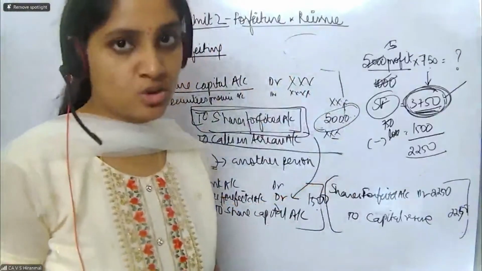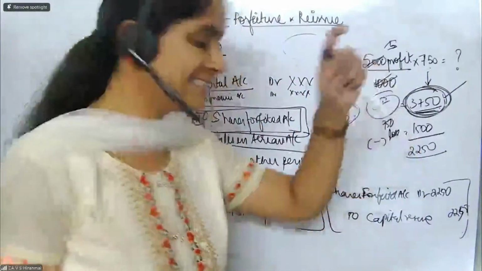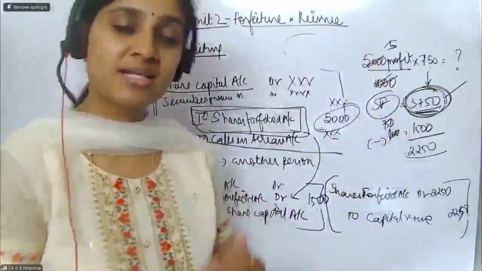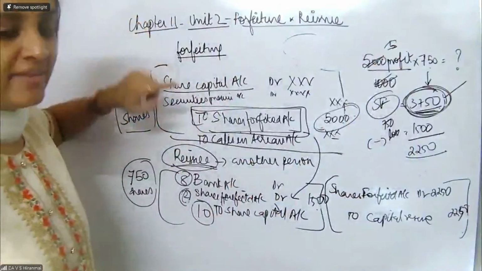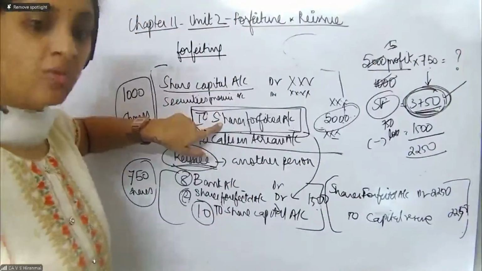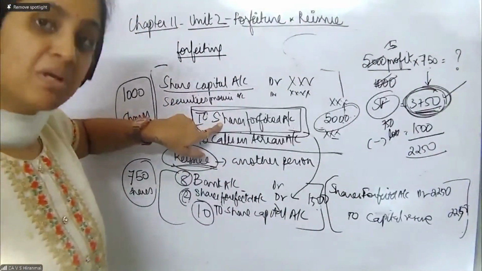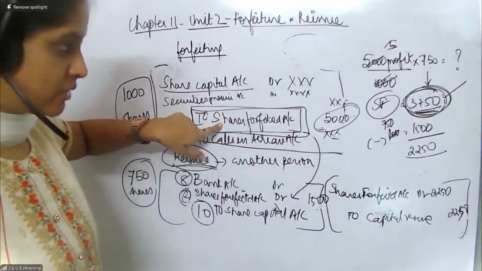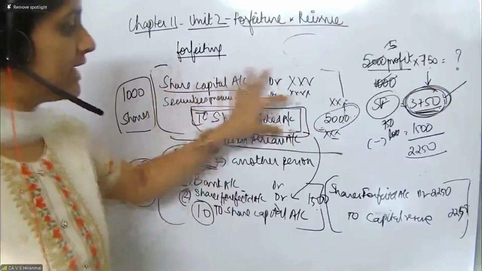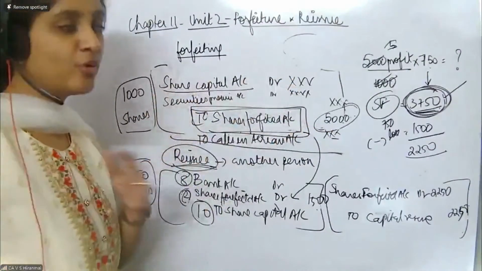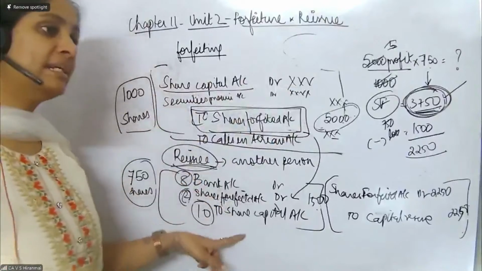So my dear students, it is very, very important to understand the working note. What is this? When I am canceling the shares, I will be showing the shares forfeited account. What is this account? It is nothing but the amount that the defaulting shareholder has paid on the shares which he was holding. So that I am showing separately. I am crediting it in the forfeiture entry. But in the next entry, what is happening?